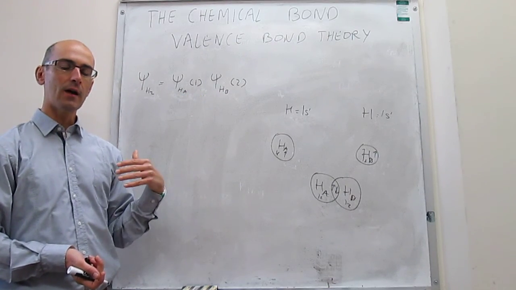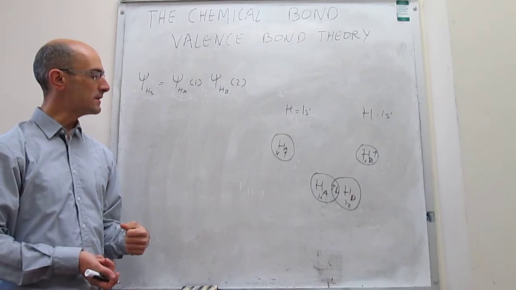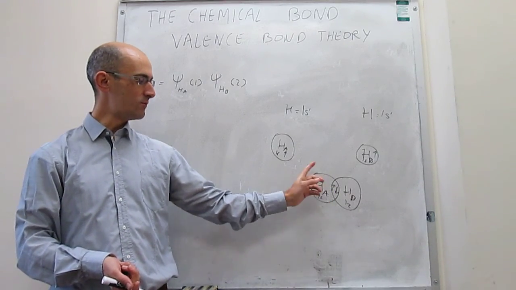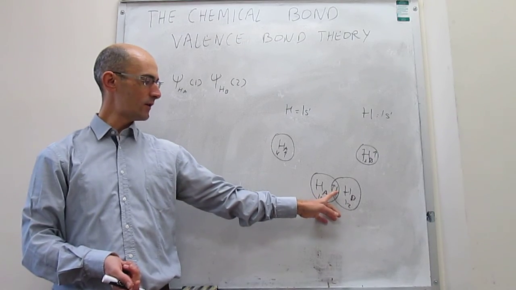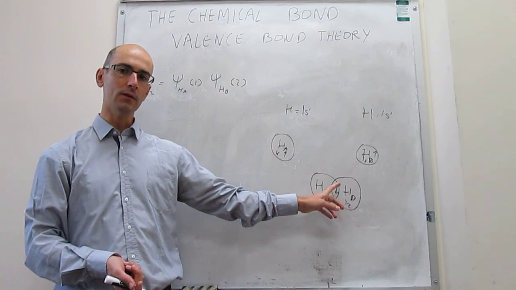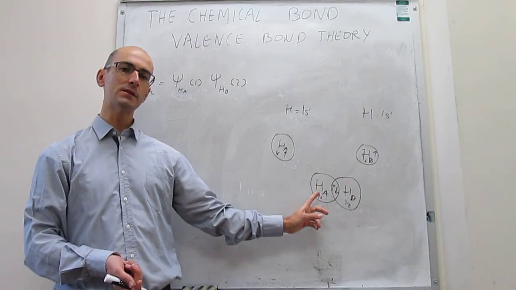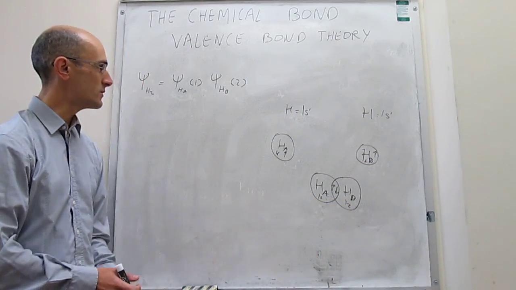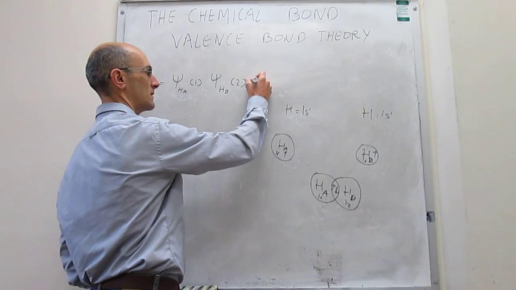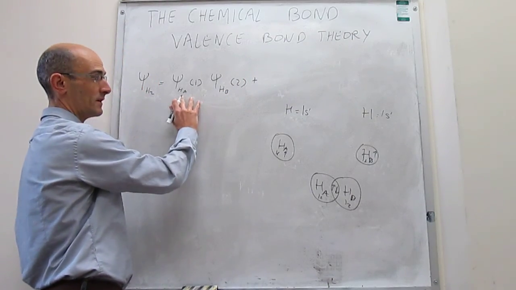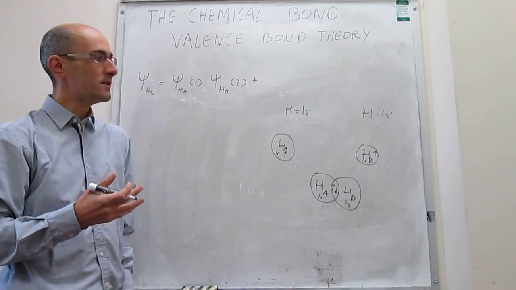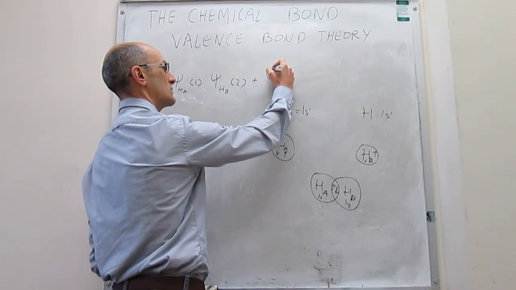But this is rather incomplete, because when the molecule is formed, it's not true that one electron should belong to one of the atoms and the other electron to the other atom. It's quite possible that the second electron belongs to the first atom and the first electron belongs to the second atom. So a much better way to do this is to say that this could be true at any point while the molecule is formed, but it's also true that you have a situation like this.